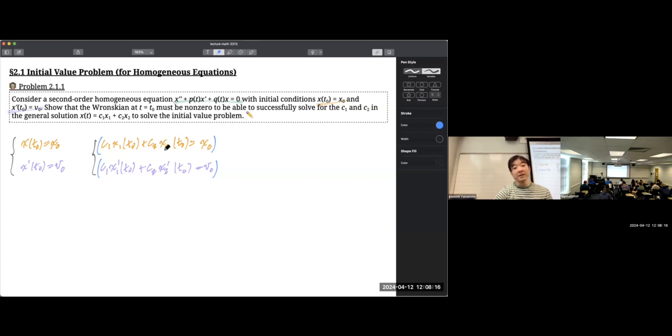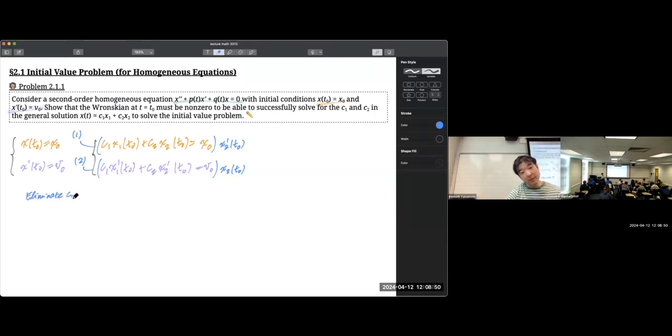This is x2 and this is x2 prime, so I'm going to multiply this top one by x2 prime at t naught, and then multiply this bottom one by x2 at t naught. That's going to give this term an x2 and an x2 prime, and this one also x2 and x2 prime. I'll call this equation 1 and this equation 2. Then you can eliminate c2.